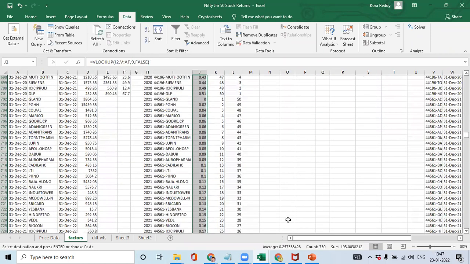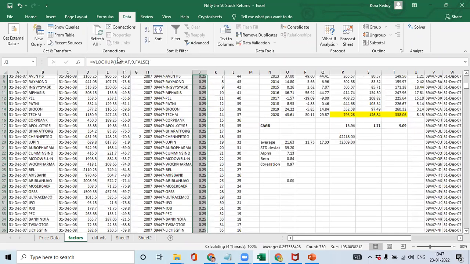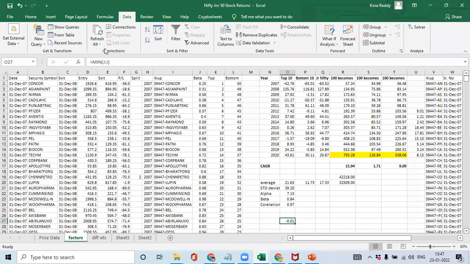See, this is a negative number. I think it's Glaxo or some other stock. If you get that particular stock in your top 10 or bottom 10 portfolio, your weights will be negative. So don't fiddle on beta in that case.